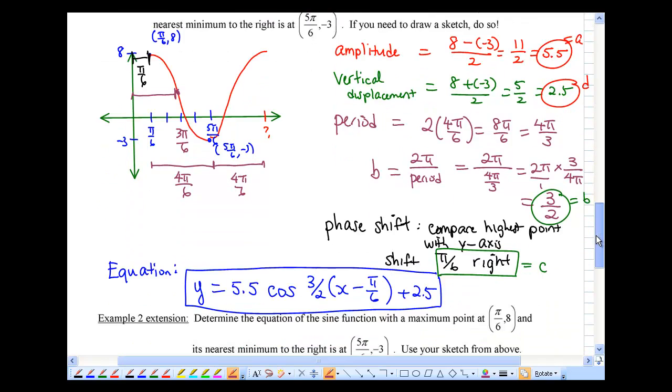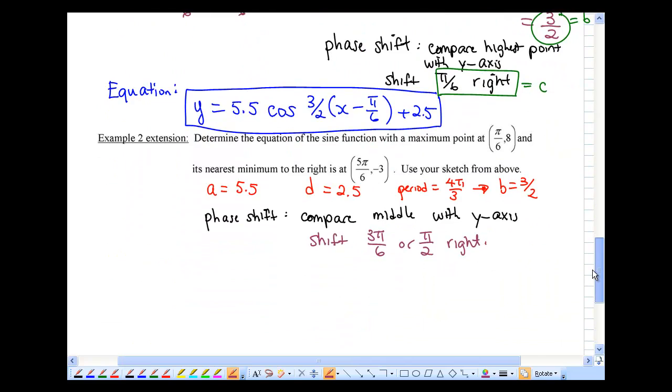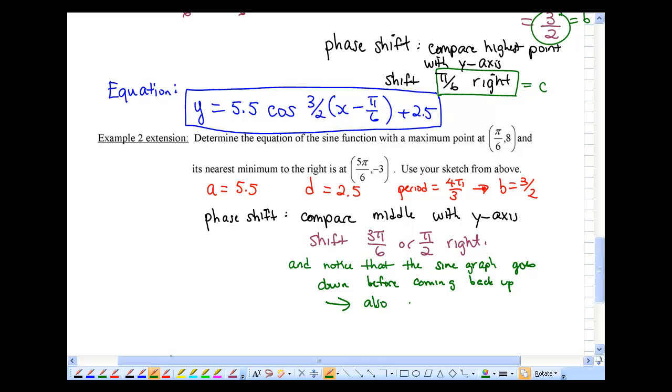So because I use that point of pi over 2 to the right, and I notice that the sine graph goes down before coming back up, that means I also have a reflection in the x-axis.